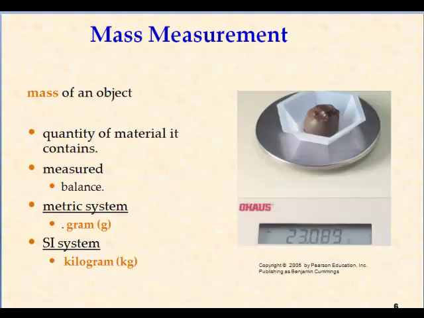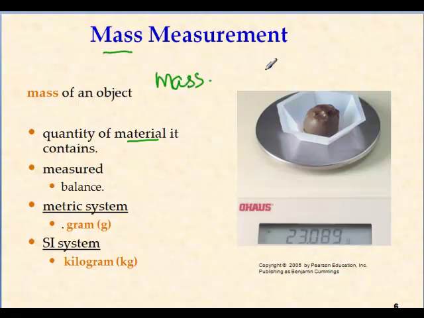The last one we want to look at is the measurement of the mass. A mass of an object is the quantity of material it contains. For example, if you were an astronaut and you went up to the moon or some other planet, your mass is going to be the same.